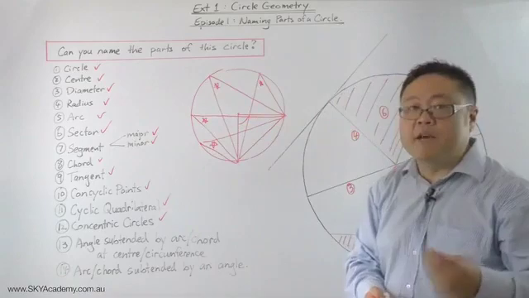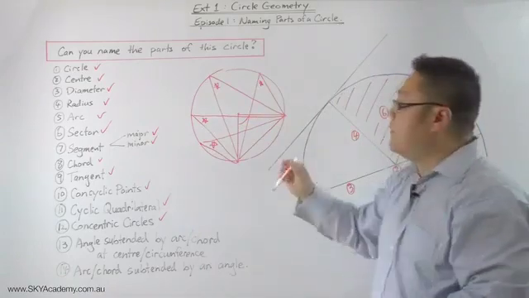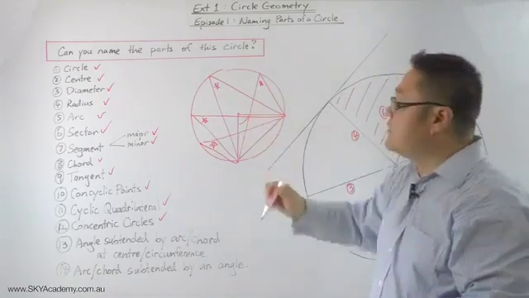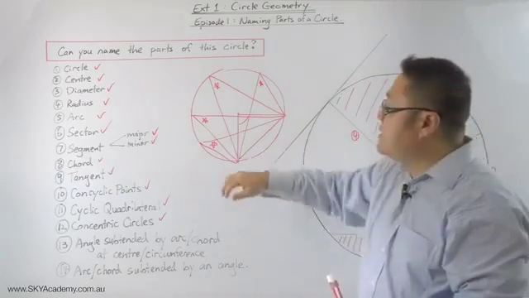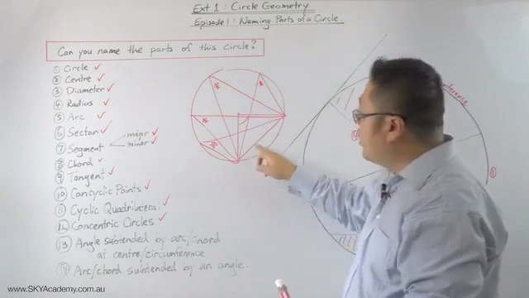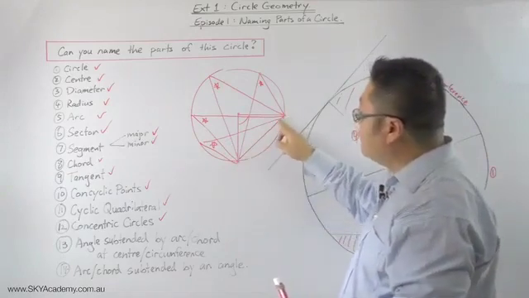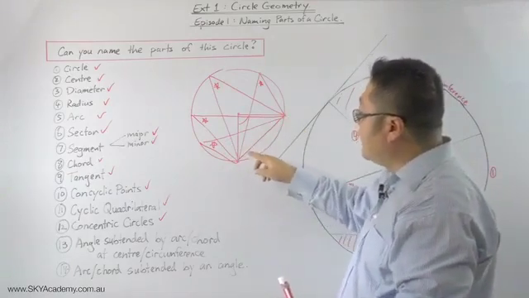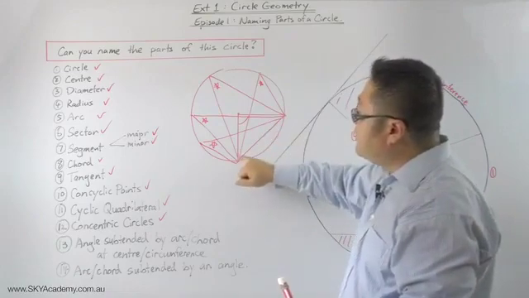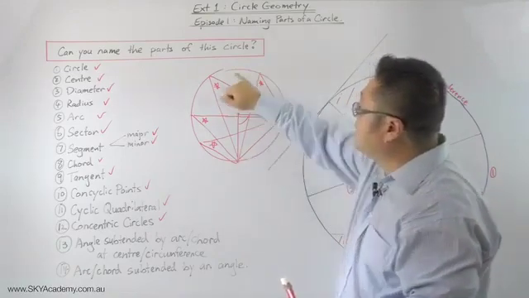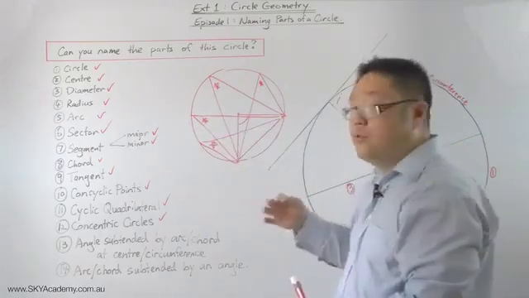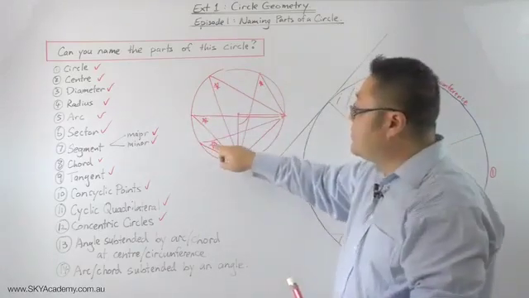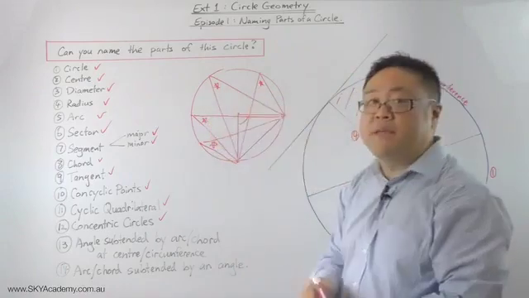Now, there will be animations that follow this. So if this looks too messy for you, then just follow the animations. But what I will say at this point is that when you've got a common chord or a common arc, and you're subtending angles at the circumference, you will notice, and I will prove later on in a different episode, that these angles here are all going to be equal.